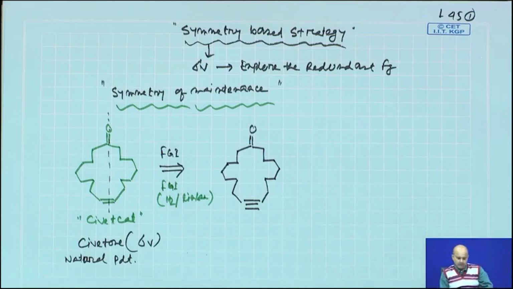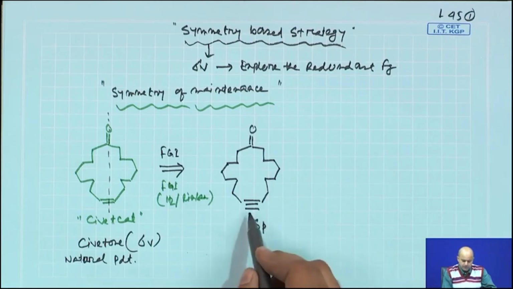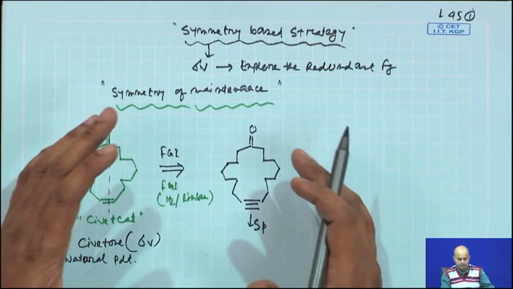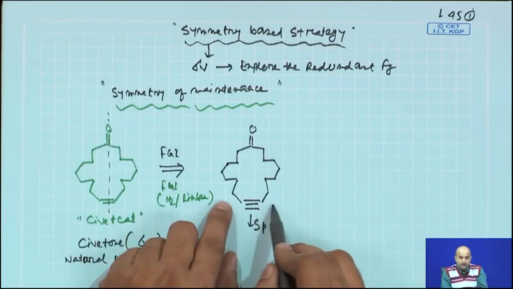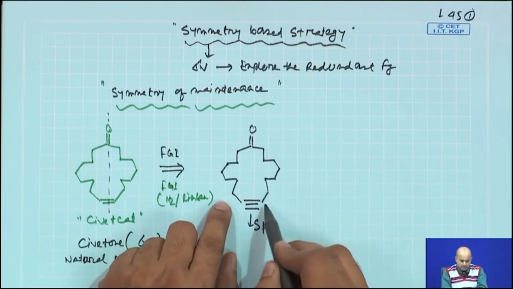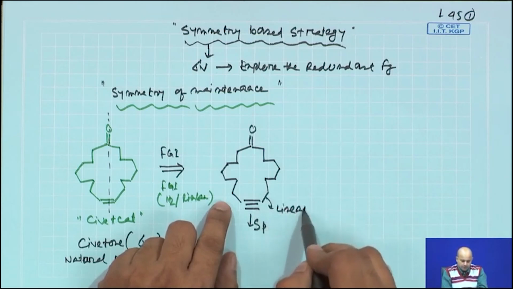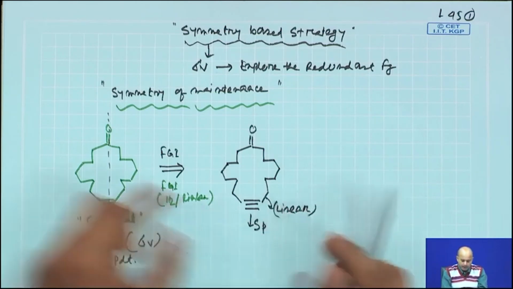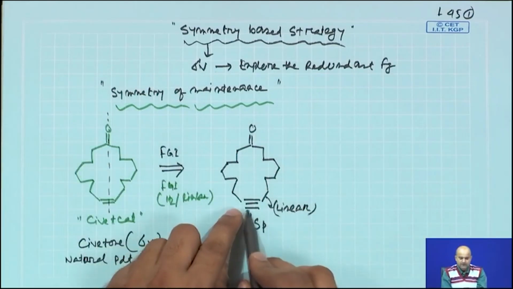Now, the alkyne, you may ask: the alkyne is basically sp hybridized, and as the ring structure is quite big, this bond has to be linear. We wrote the bond in a bent fashion, but in reality this bond will be linear to fulfill the criteria of sp, and as the ring size is pretty large, this alkyne can be accommodated here.